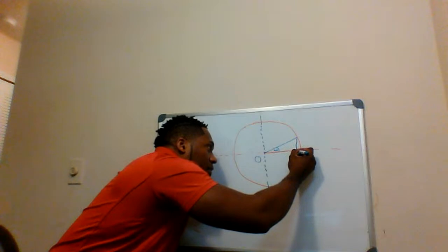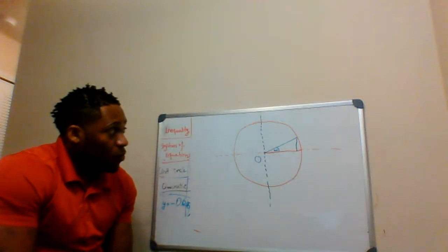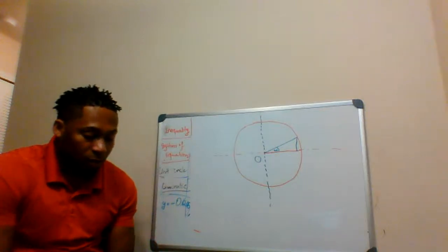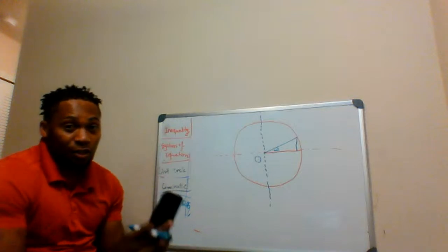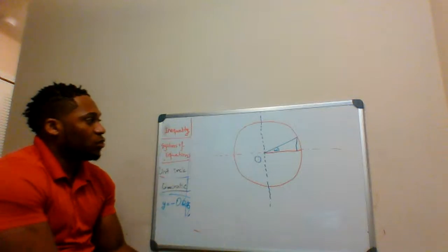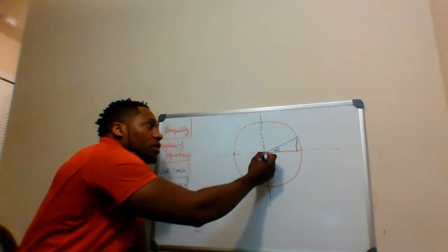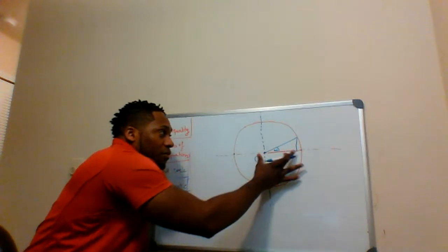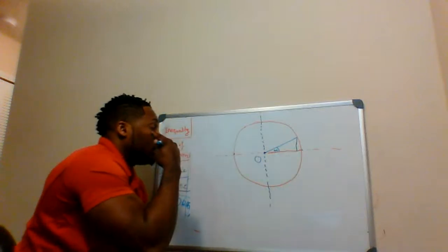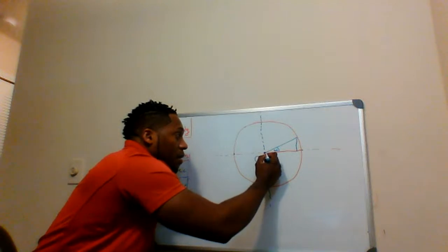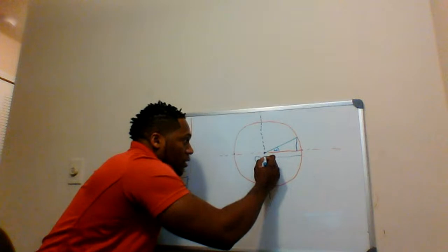So what does it mean that you have a unit circle? As the name entails, it is a circle with a radius of 1. So that means the length from this to this is 1, from this to this is 1, going all the way out to here is 1. So this whole thing right here is 1.